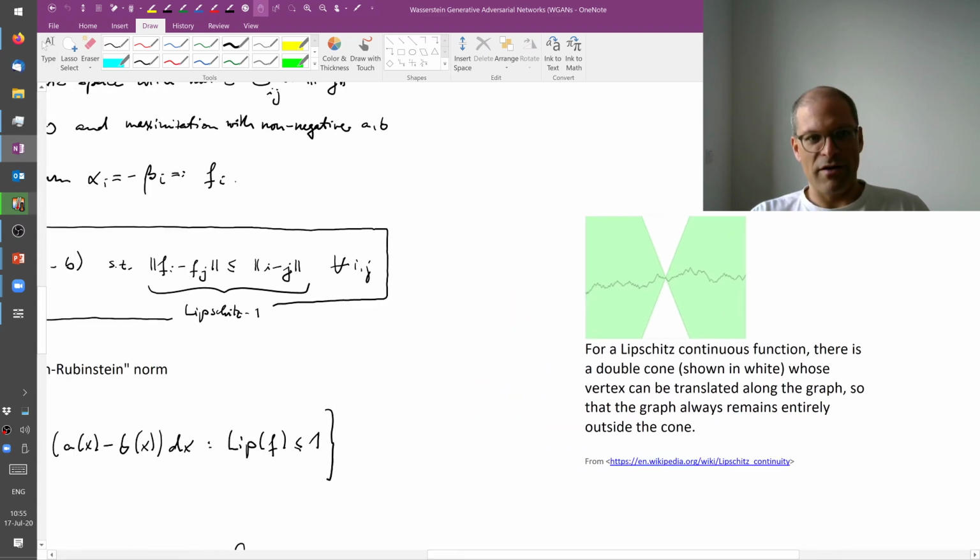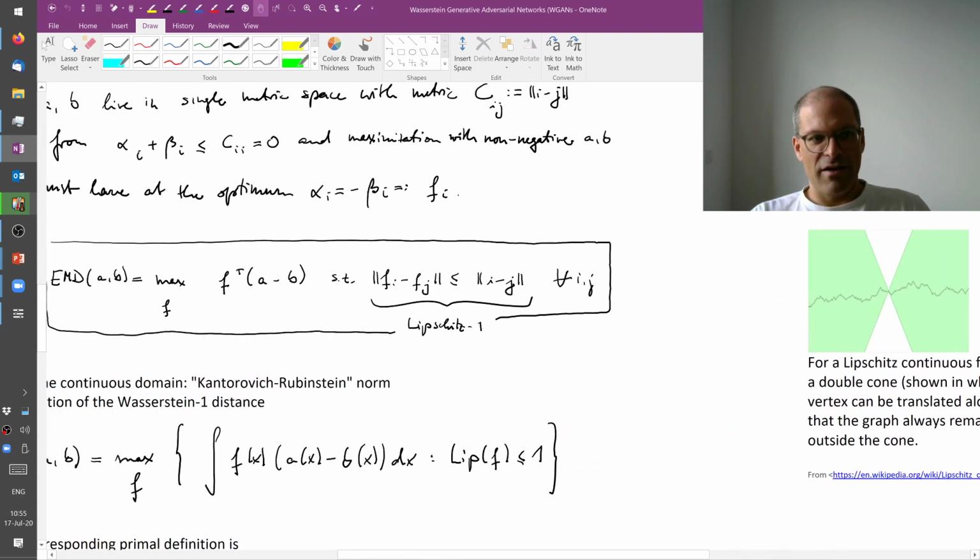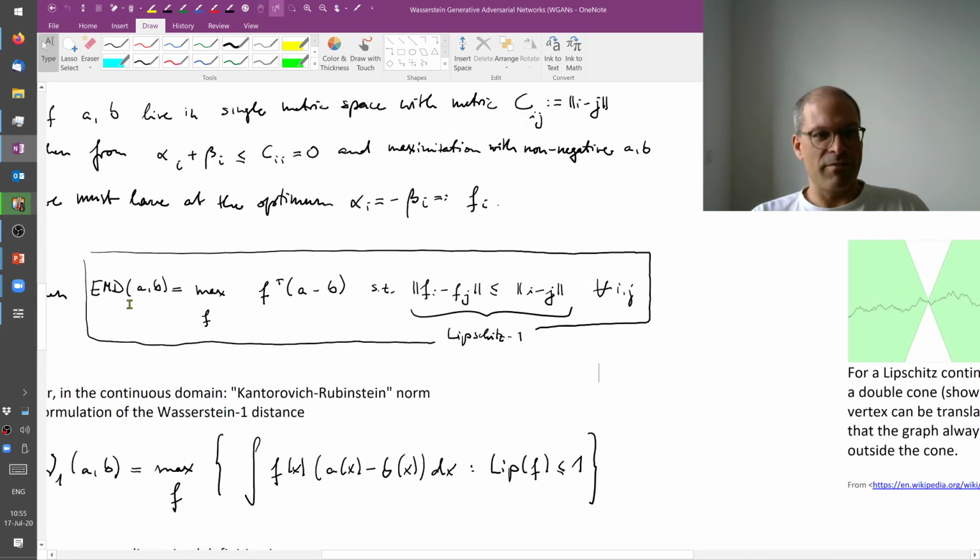So it means the earth mover distance between distributions A and B is given by the product of the difference between A and B and some function f, such that this function has a slope that must lie between -1 and +1 at each point in space.